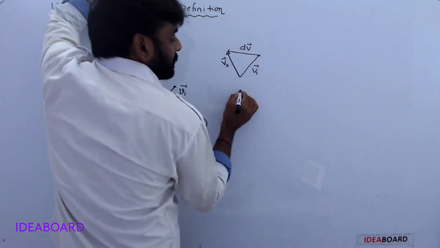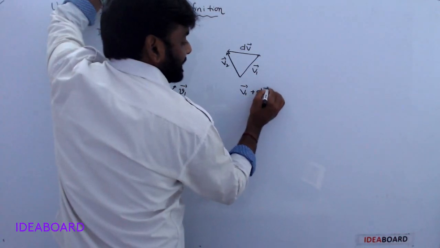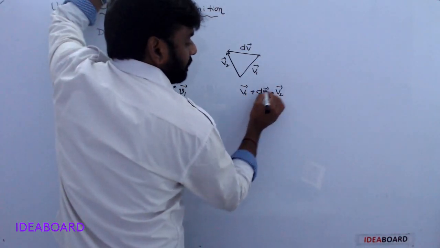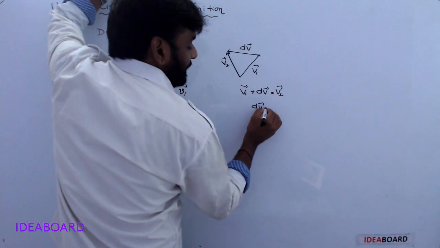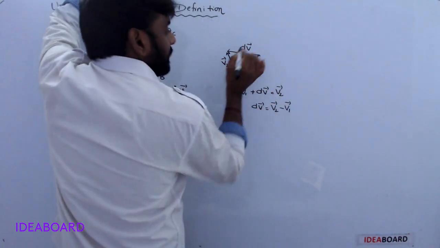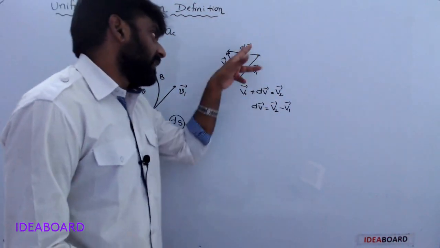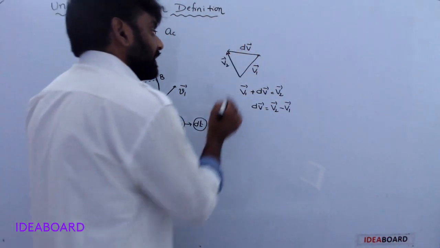So you write v1 bar plus dv bar is equal to v2 bar, so dv bar is equal to v2 bar minus v1 bar. That means dv bar represents the change in velocity.